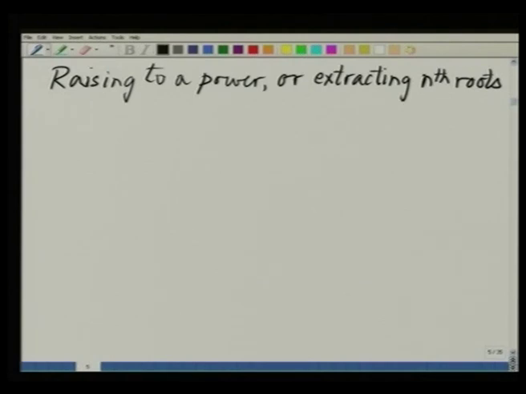And for this it is important to just use the rules of division and multiplication that we have already devised.